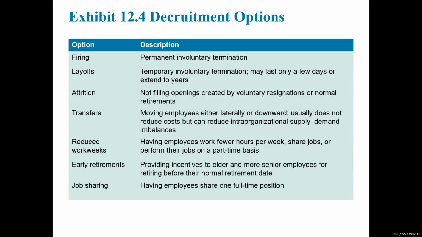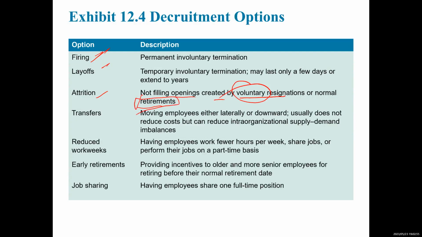And then there are recruiting options: firing, layoff, attrition, which means not filling openings created by voluntary resignation or normal retirement. You give them a choice whether to retire according to their terms or according to our terms.